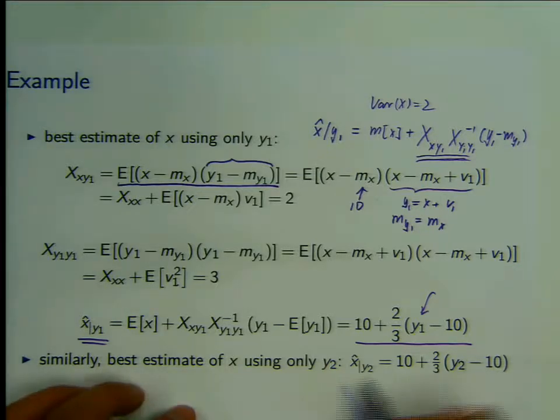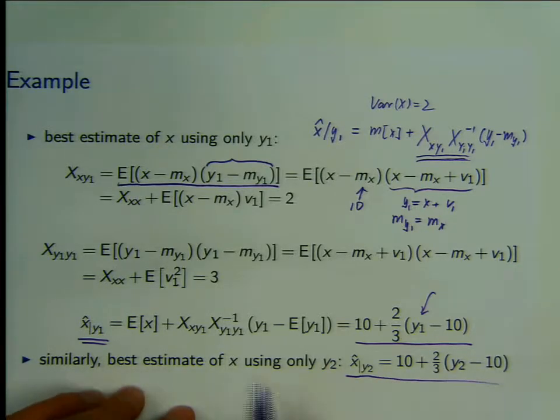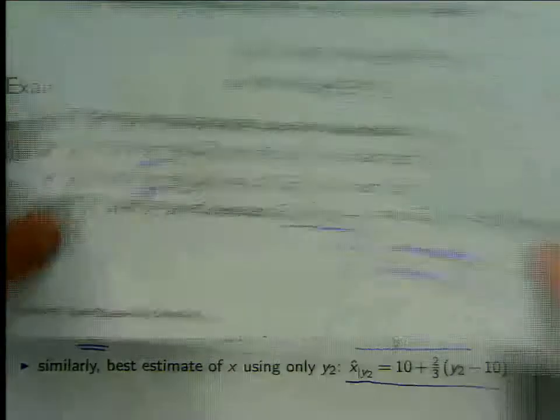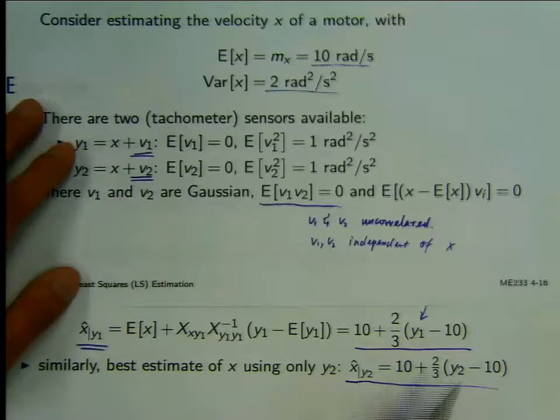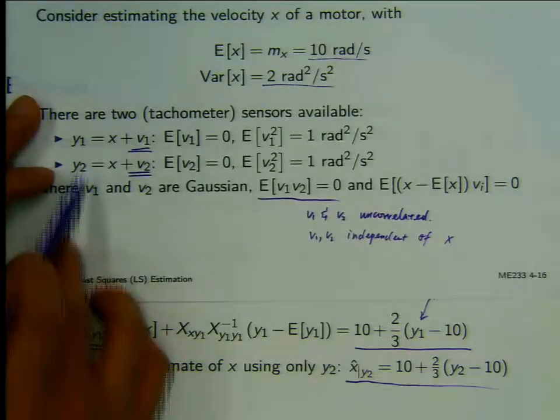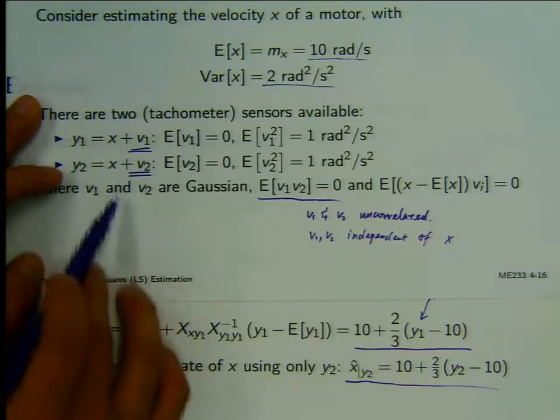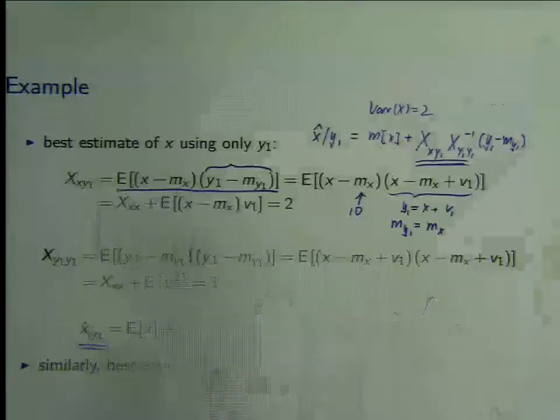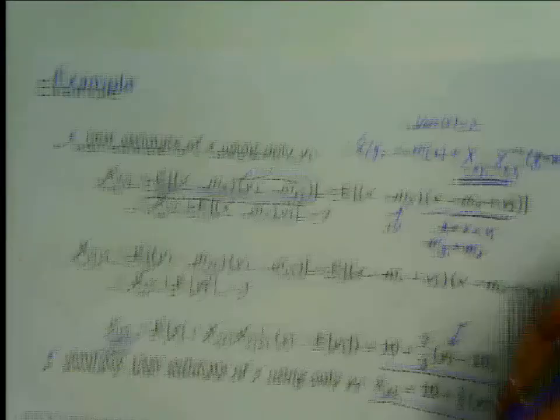Similarly, you can do the best estimate of x using only y2, which is not exactly the same, just replacing y1 with y2, because y1 and y2 have exactly the same structure. So just replacing the notations, you're going to get it.